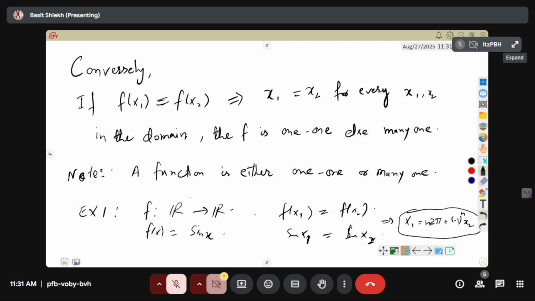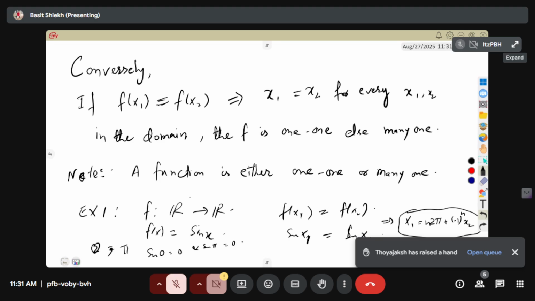Our second approach is to take two different elements in this set. I will take 0, I will take pi. 0 and pi are different elements in this set, but sine 0 equals 0 and sine pi equals also 0.